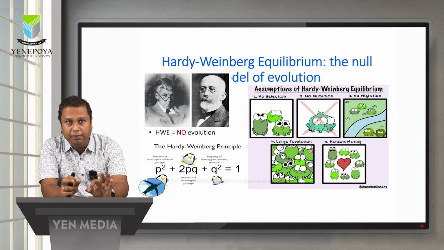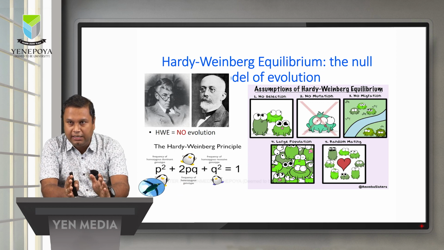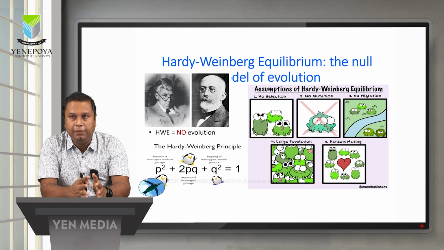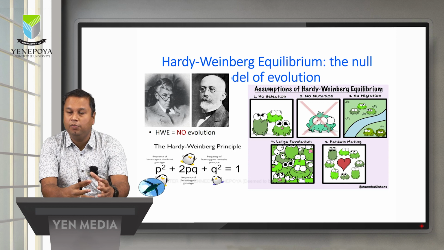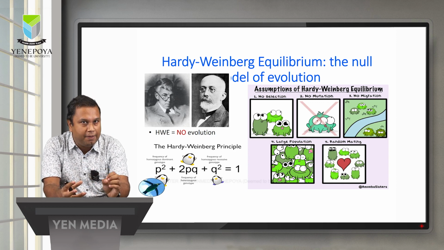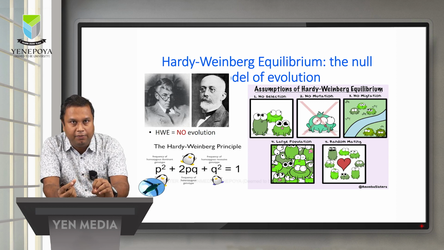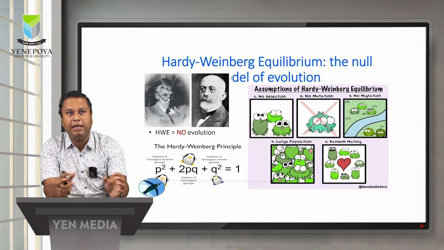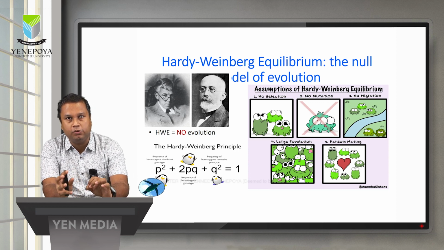Under Hardy-Weinberg equilibrium, p squared plus 2pq plus q squared equals 1. That means again we have only two alleles, p and q, so the combinations of the genotypes will only be around those two alleles. So we can have p squared individuals, 2pq individuals, and q squared individuals for a particular genotype, and combining them will be 100%. So p squared plus 2pq plus q squared equals 1.